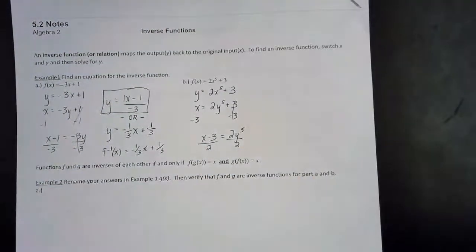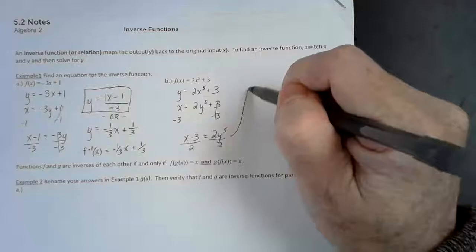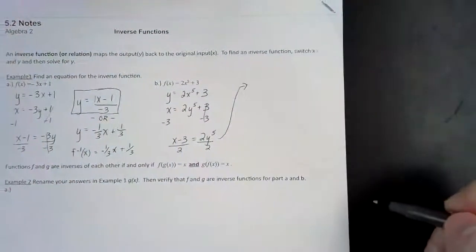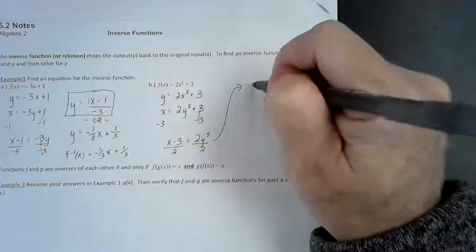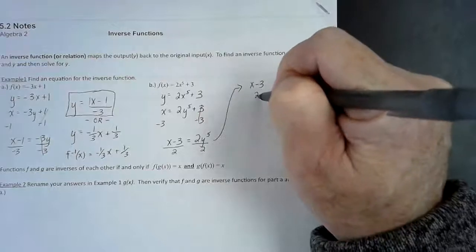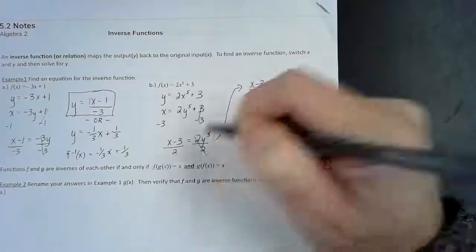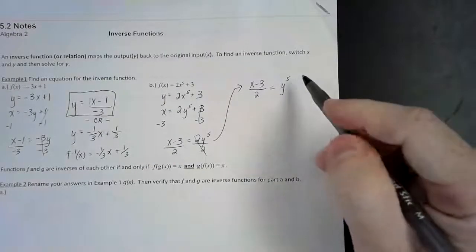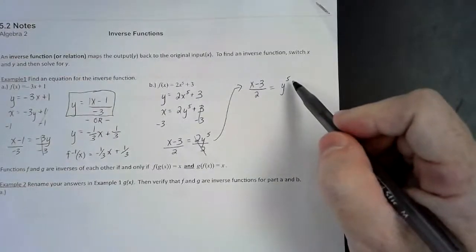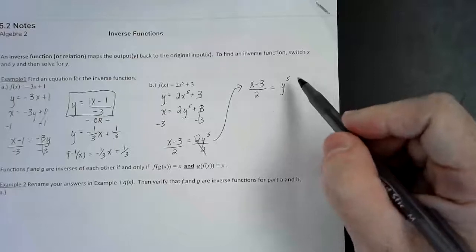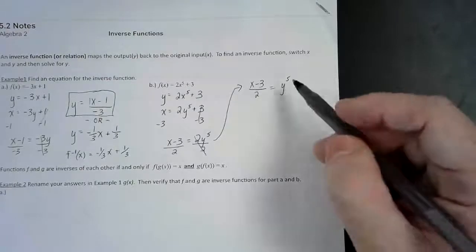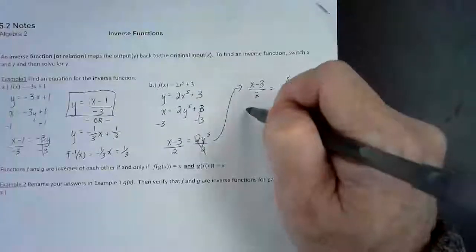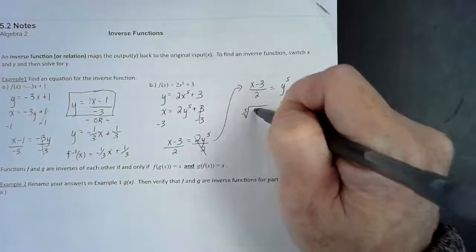All right. So we're now going up here. We have x minus 3 over 2 equals y to the 5th. And remember, how we undo an exponent is by taking that root. So we're going to have to take the 5th root of both sides.